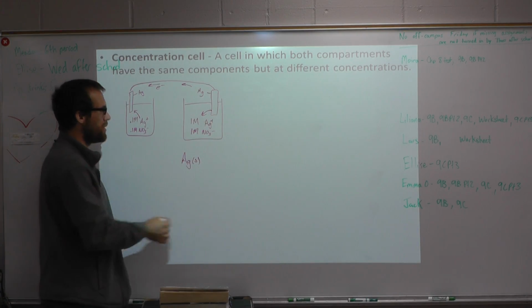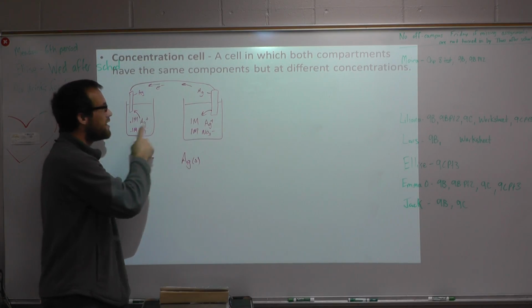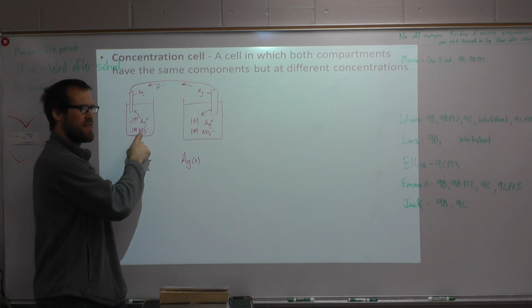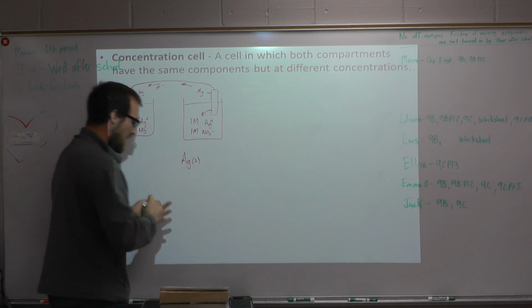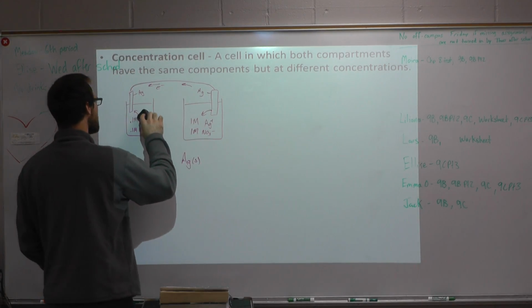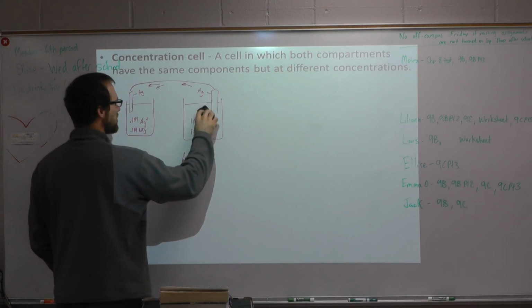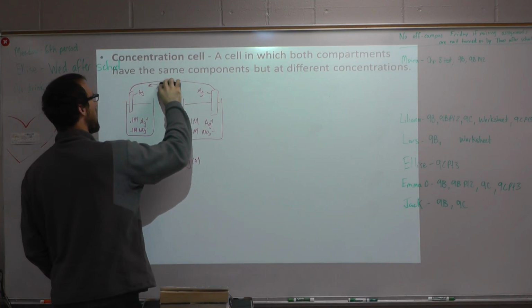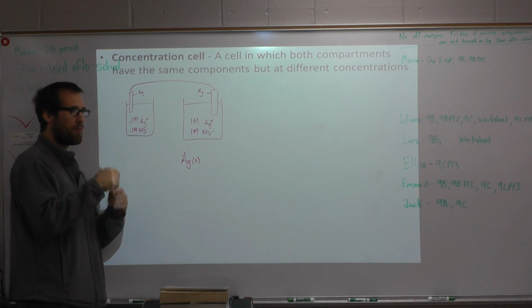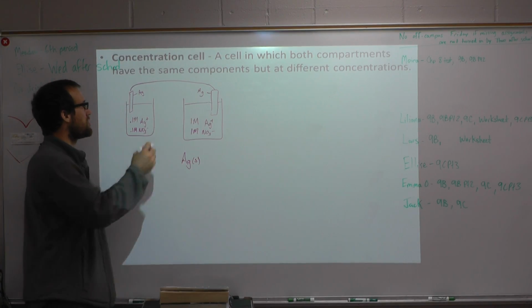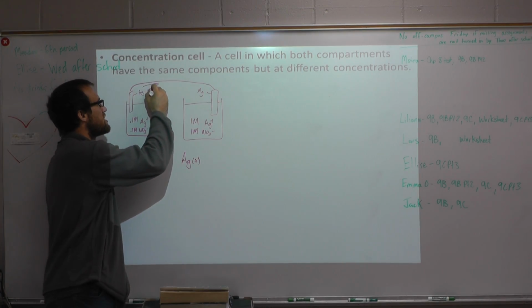What that would do is increase the concentration here and decrease the concentration here, and that would be creating an even bigger difference. So instead, electrons are going to move in the direction that will cause the concentrations to become equal. So instead, the electrons are going to go this way.